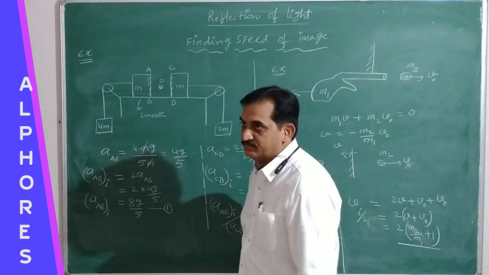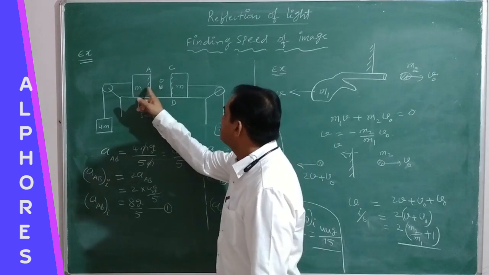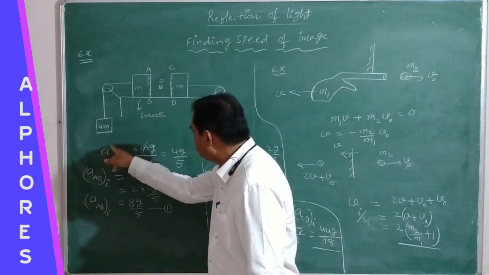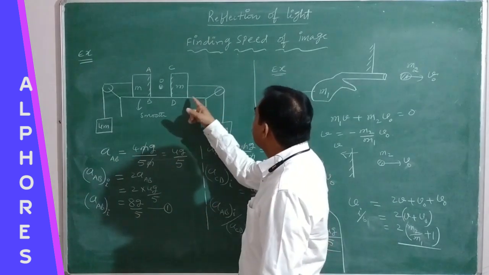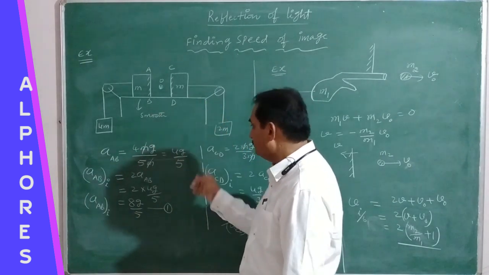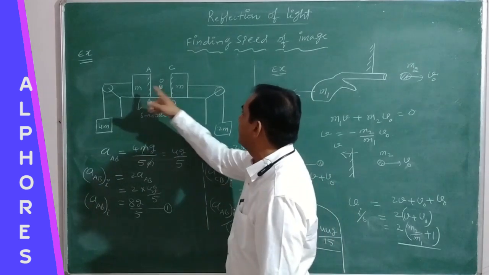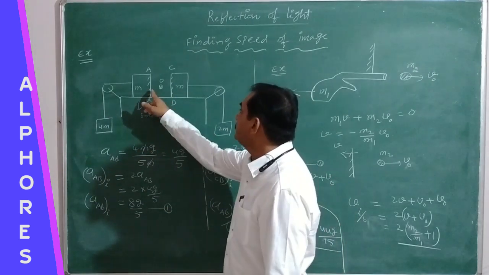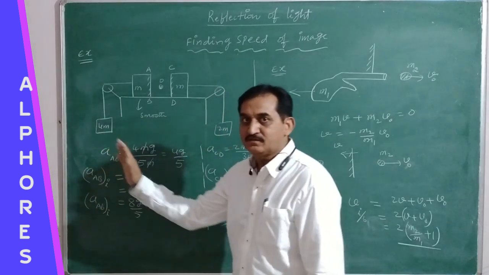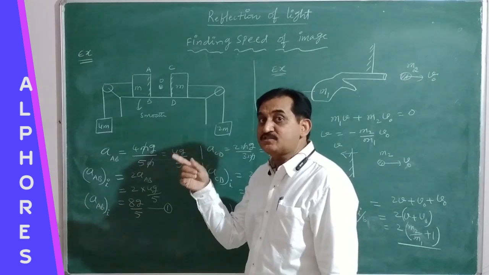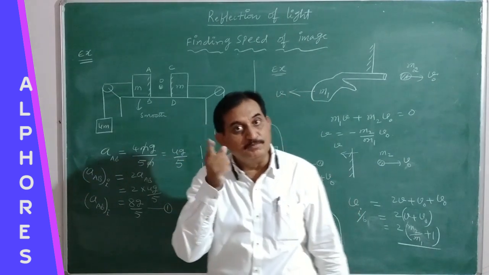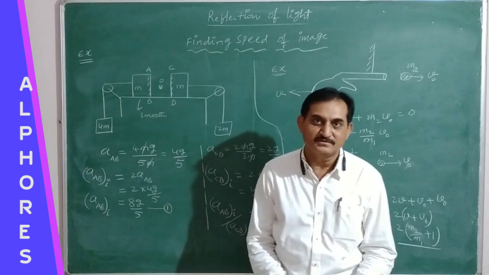Now they are released. Then what happens here? As this system is falling down, it possesses a certain acceleration. This is also falling down, possessing some other acceleration. And first we have to find their accelerations. When a mirror is moving with a certain acceleration, the image formed in the plane mirror also has an acceleration which is double that of the acceleration of the mirror.